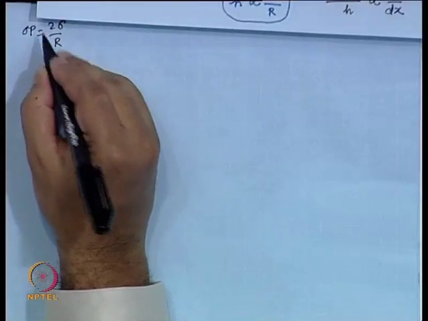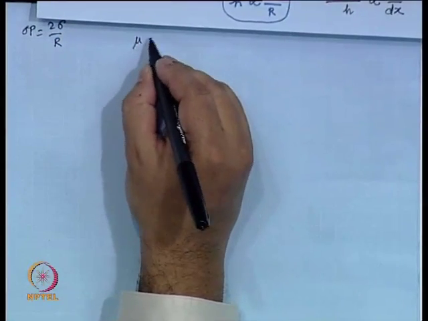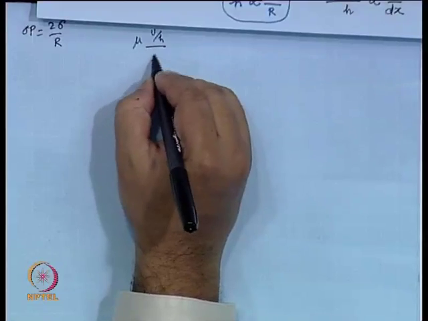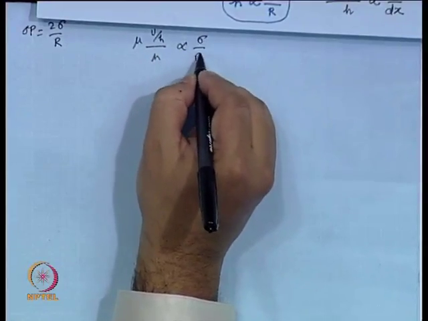So, from this you can conclude that mu u by h divided by h is proportional to sigma by r x.